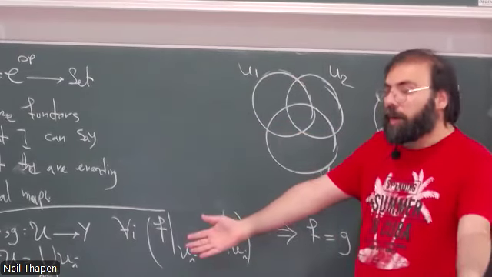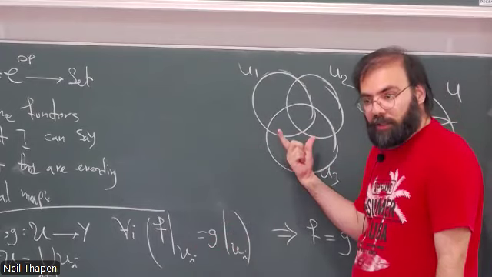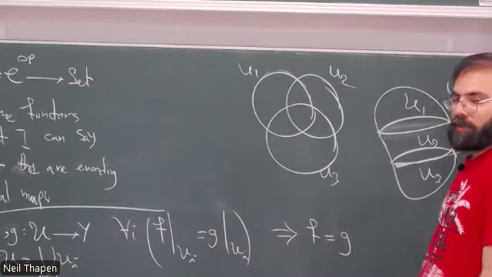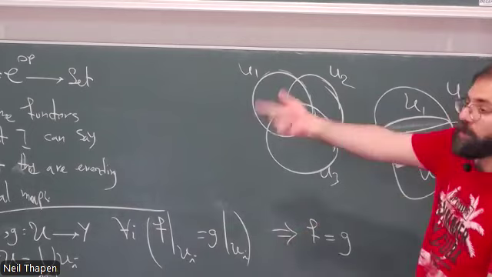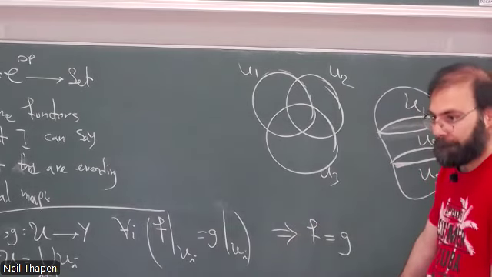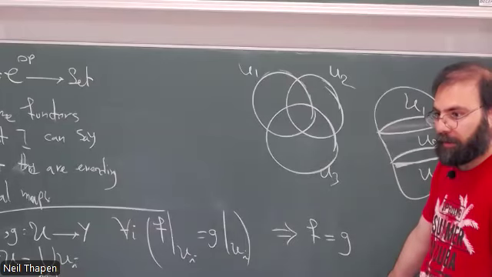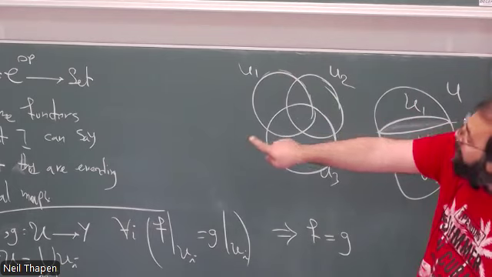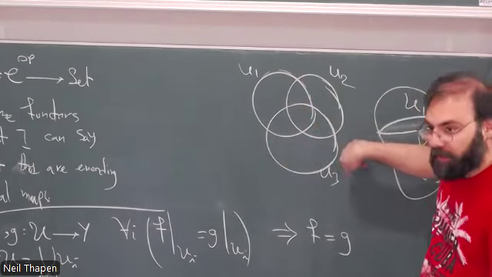If you have something global, then knowing it locally is not enough to construct the global thing. Maybe you can construct a function, but then it does not satisfy the condition that you have. The continuous function is determined by the compatible local families.